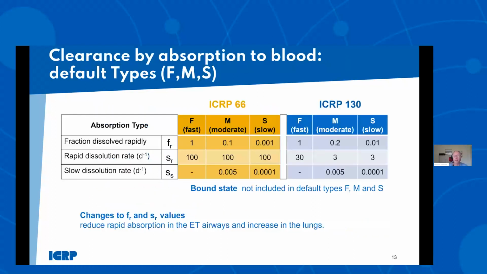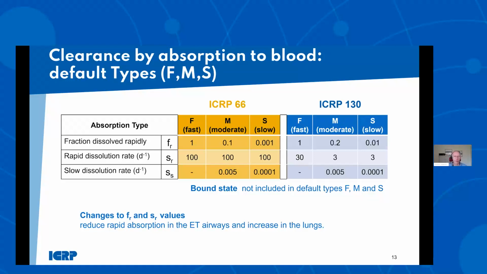Here there's a comparison of the default values in the original model and in the revised model. There is essentially a reduction of the rapid dissolution rate from 100 per day to 30 for the fast type and 3 for the moderate and slow types, and an increase of the rapidly dissolved fraction for the types M and S. There is no bound state included in any of the default types.